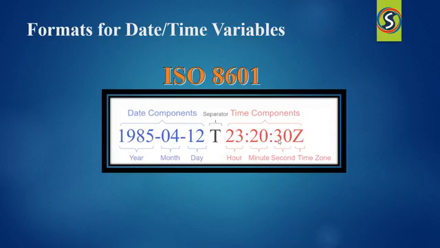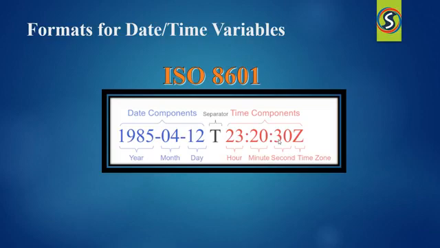And what are the key aspects of the ISO 8601 standard? Let's see one by one. ISO 8601 represents dates as a text string using the notation 4-digit year, hyphen, 2-digit month, hyphen, and then 2-digit day.